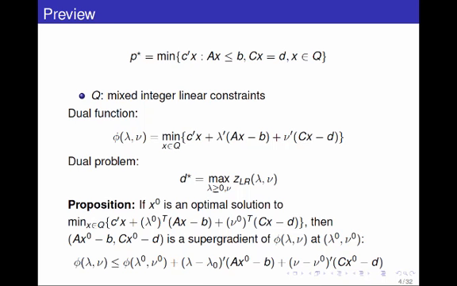I'll refer to these constraints as complicated constraints, and typically the structure of the constraint matrix that I have in mind is something like this. So this is what I have in mind in terms of a constraint matrix.